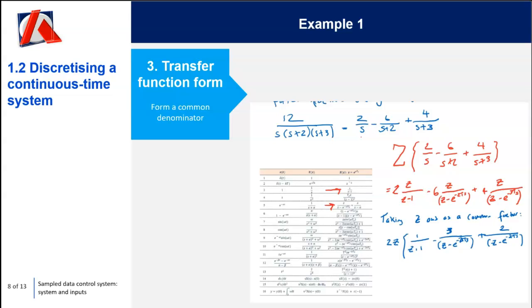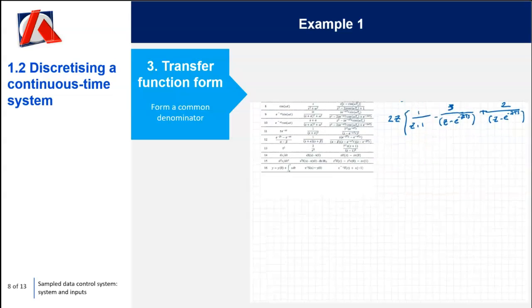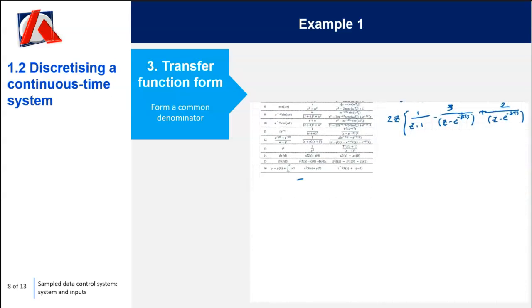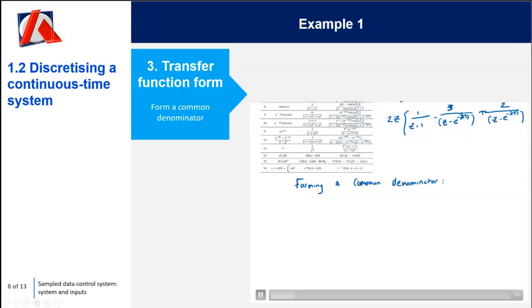So now what we want to do is form a common denominator. So what we're going to do is on the denominator we are effectively going to put all 3 of the denominators from these fractions up here.